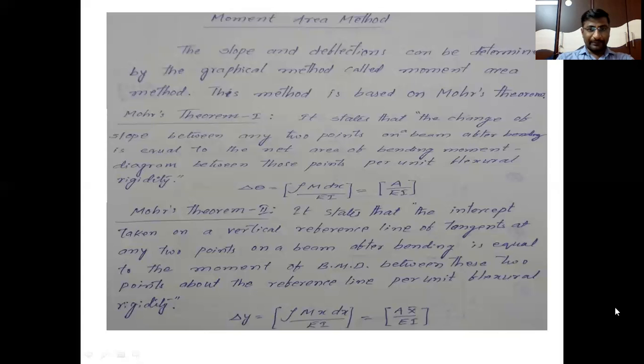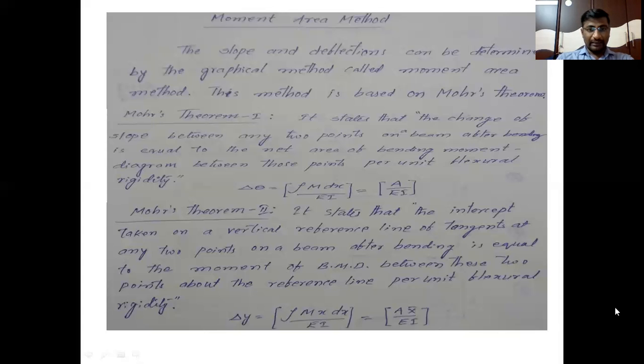So mathematically it is represented as delta y, the change in deflection or net deflection between 2 points, is equal to integration of Mx dx, where Mx dx is the first moment of the bending moment diagram area, per unit flexural rigidity, divided by EI. Simply it can be taken as A x bar by EI. A is the area of the bending moment diagram.